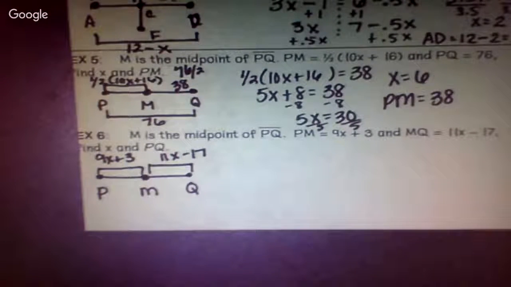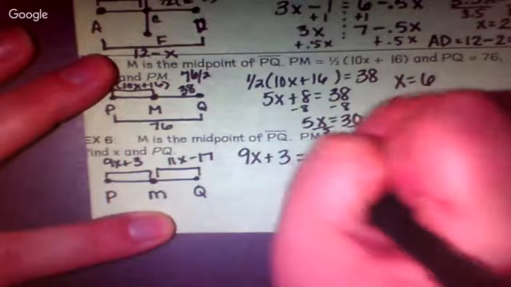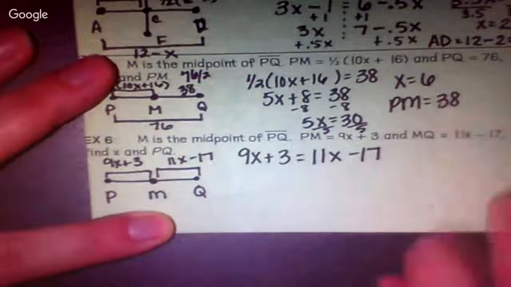With the information that they gave us and what you know about midpoints, what do we need to do to those two separate expressions? Set them equal to each other because both sections are equal. So you end up with 9x plus 3 equals 11x minus 17.